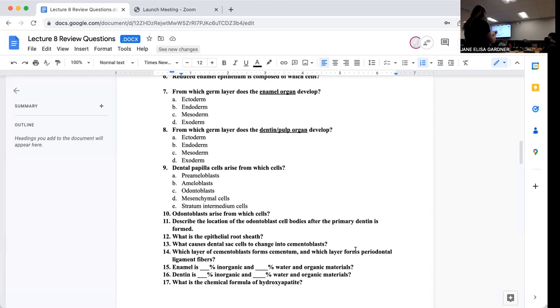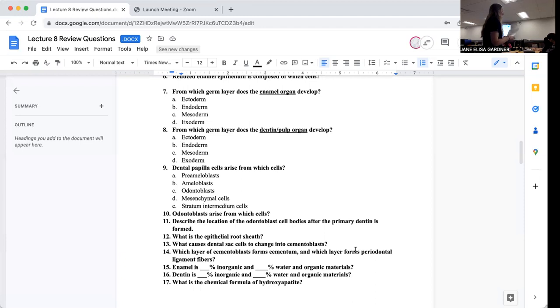So they line the pulp chamber to produce secondary and reparative dentin. So there's a good picture of this in the lecture manual. Oh yeah, I think it's page 171.